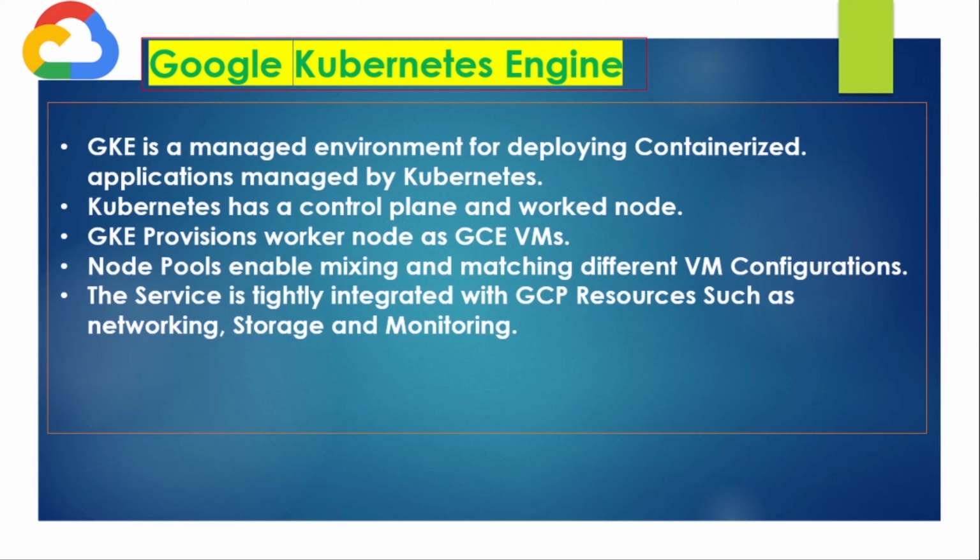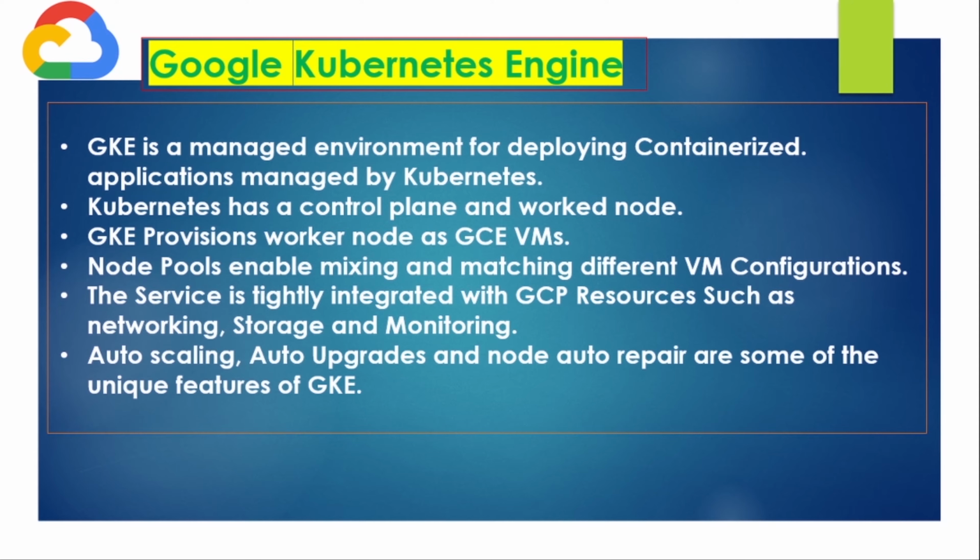For example, when you expose a service in GKE, it is going to use the load balancer. Of course, you can attach additional storage in the form of persistent disk to the nodes. GKE delivers auto scaling, auto upgrades, and auto node repair capabilities. These are some of the unique capabilities of GKE.